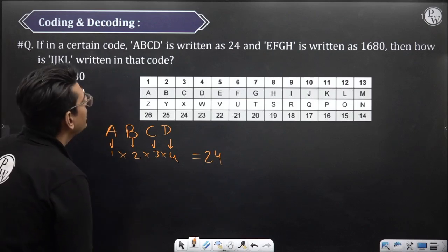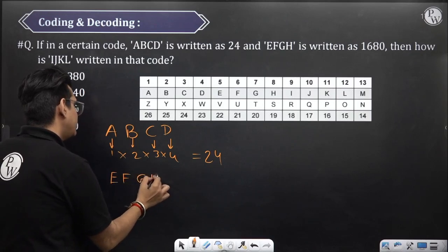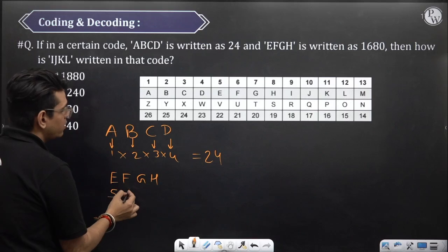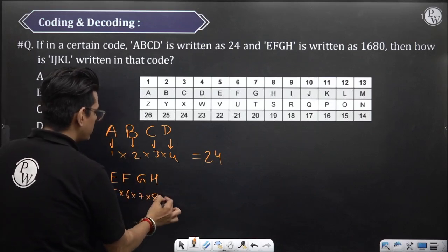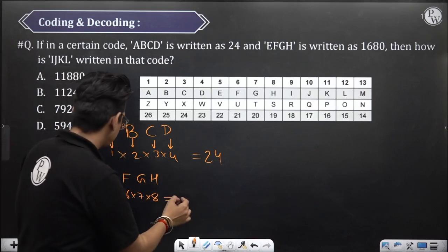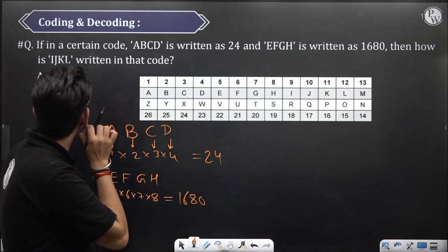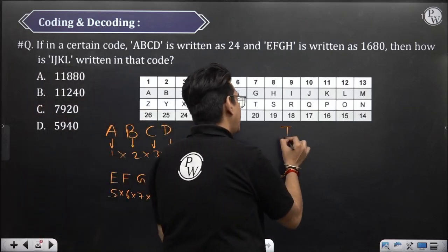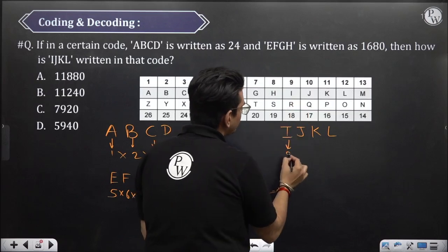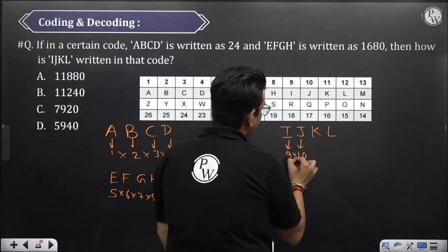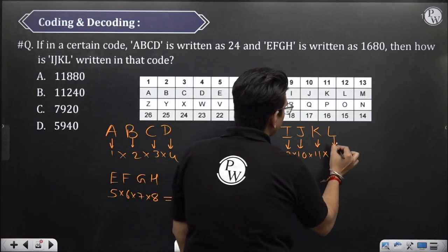Similarly, E, F, G, H: E is 5, F is 6, G is 7 and H is 8. This multiplication will be 1680. Now I need to find a similar code for I, J, K, L. I is 9, J is 10, so 90. Then 11. Then 12, right?